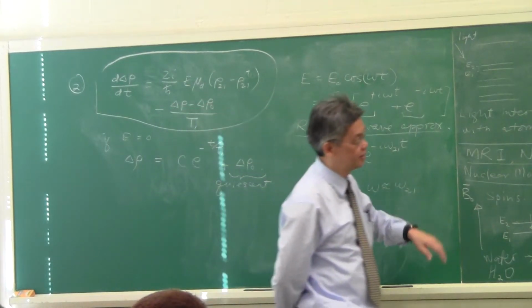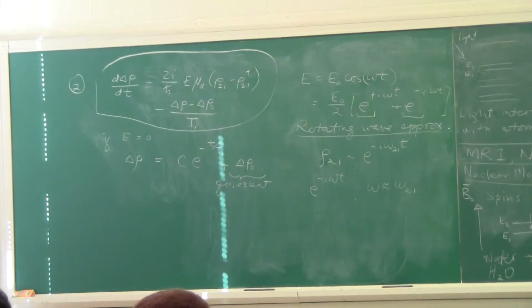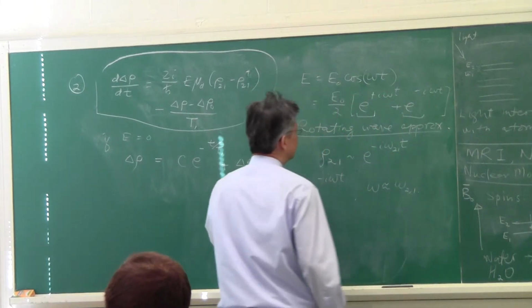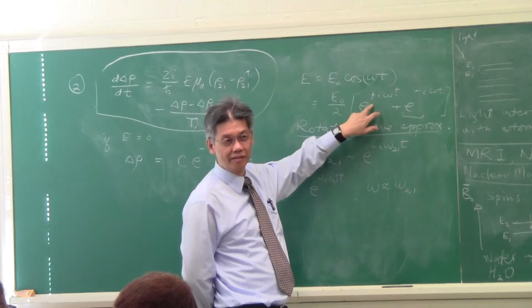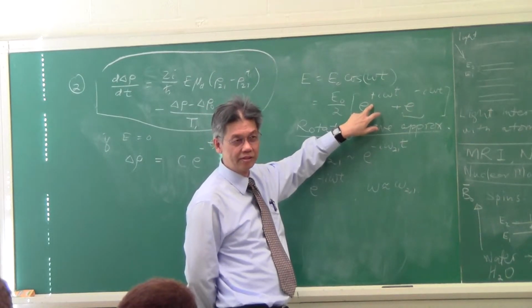This is known as the resonance solution of this equation over here, because the resonance solution should be very, very big. And then this other term will be off resonance because it's not hitting the resonant frequency of the system.